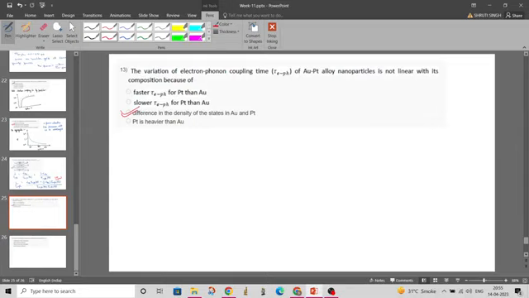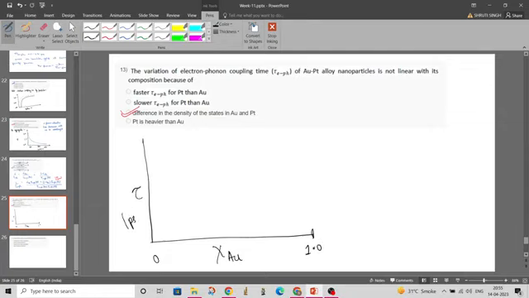If the variation is like this, if this is Au, it's starting from 0 and this is 1. This is the composition and this is the relaxation time in picoseconds. So it's not linear, it goes like this. This happens because there is a difference in the density of states of Au and platinum.